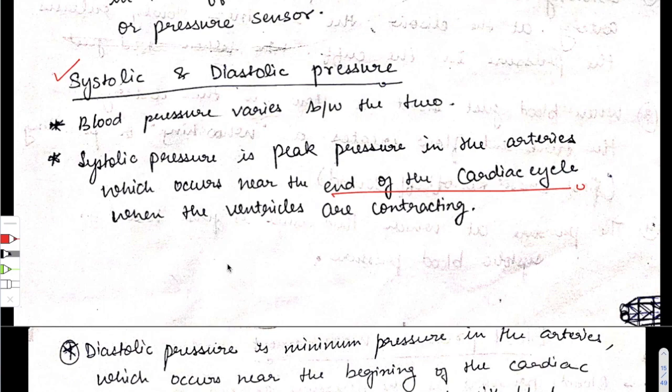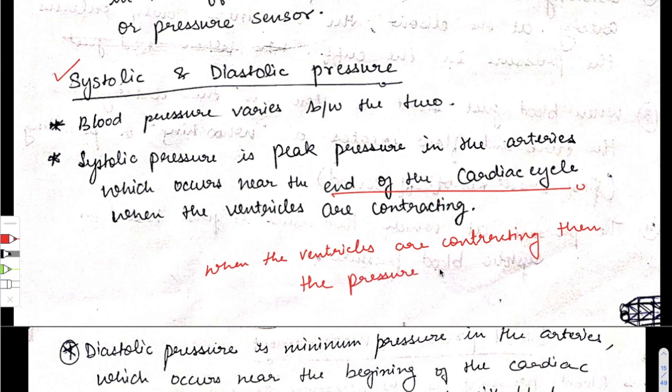We have to remember this: when the ventricles are contracting, the pressure exerted or measured is the systolic pressure.